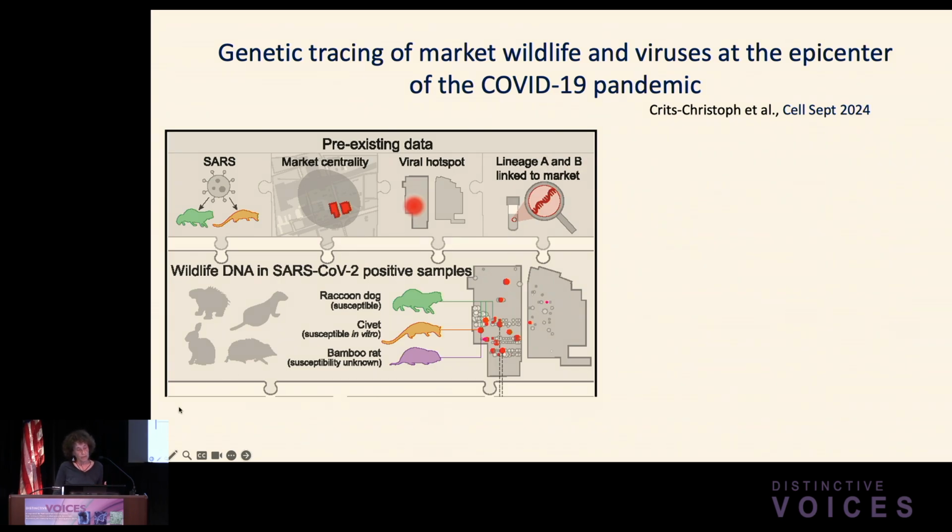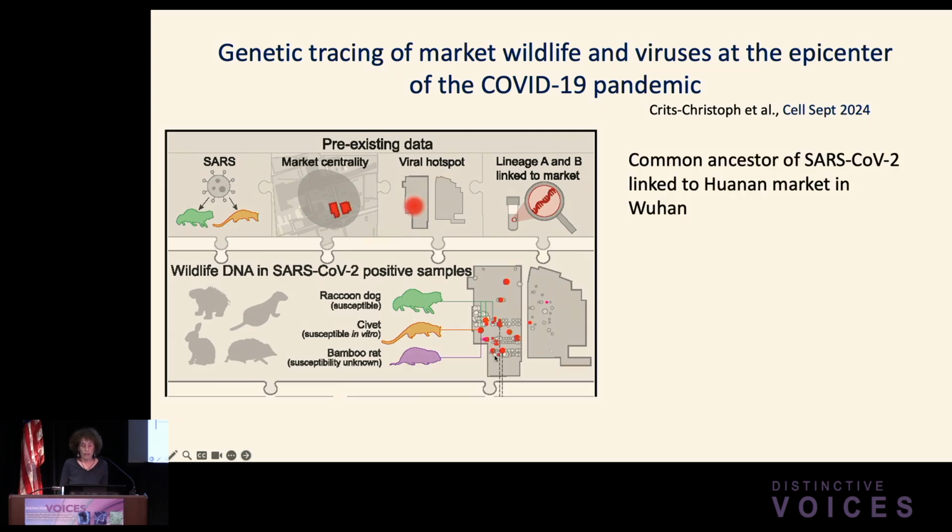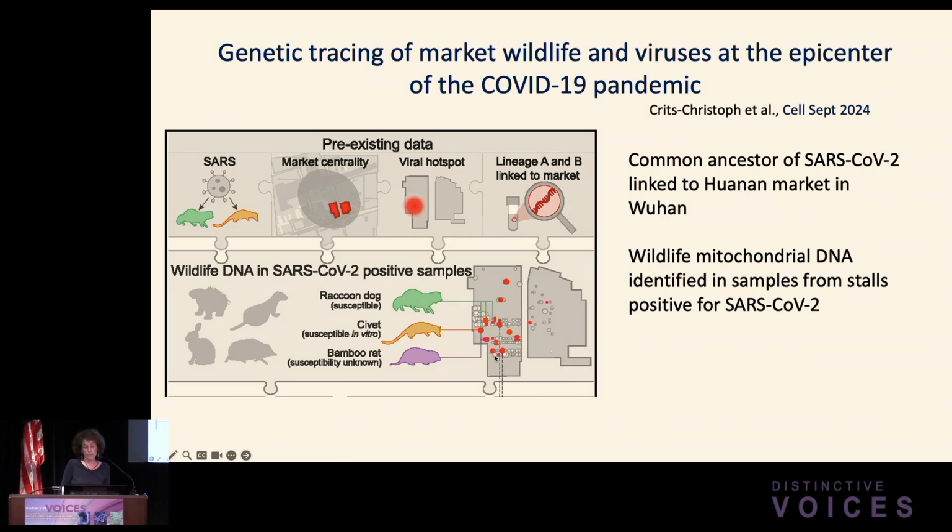But this new paper said that they found raccoon dog DNA closely associated with hotspots for viral RNA in the market. It was actually mitochondrial DNA, but it doesn't matter.